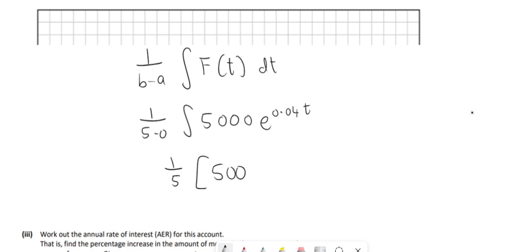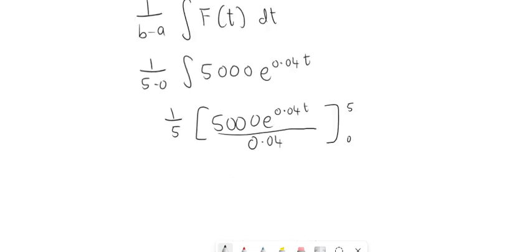5,000 e to the power of 0.04t, but we're dividing by the differential of what's in the power, which would be 0.04, the opposite of the first time. And that's it. So we have to put in a 5 and put in a 0 then for t.